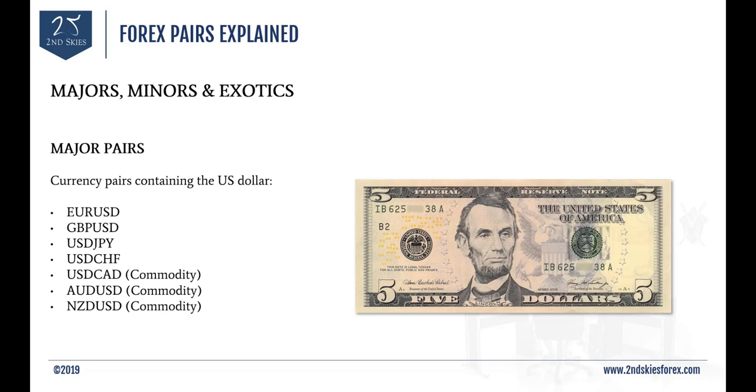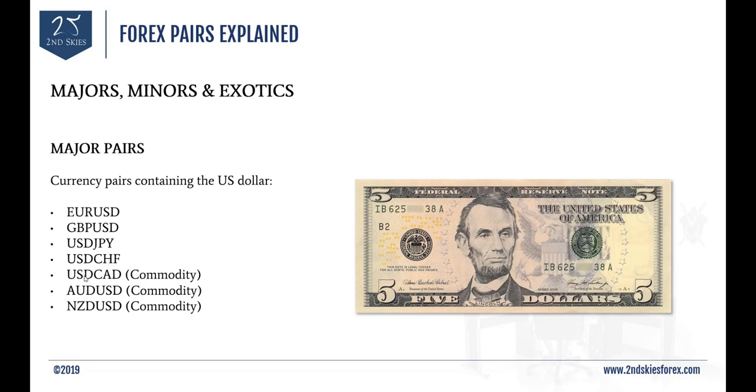Major pairs are generally considered to be any of the G10 countries containing the US dollar. So, for example, it's considered a major because it's one of the G10 countries and it has the US dollar in it. GBP, Great British Pound to the US dollar. USD JPY, dollar yen. USD CHF, dollar Swiss franc.